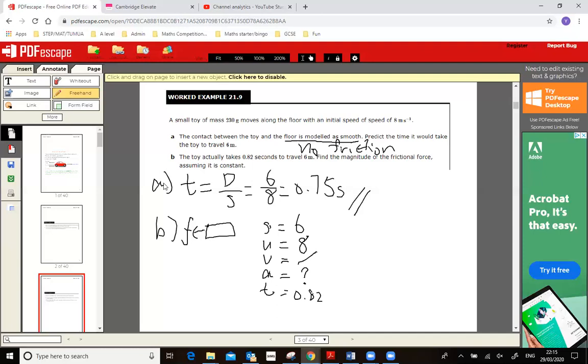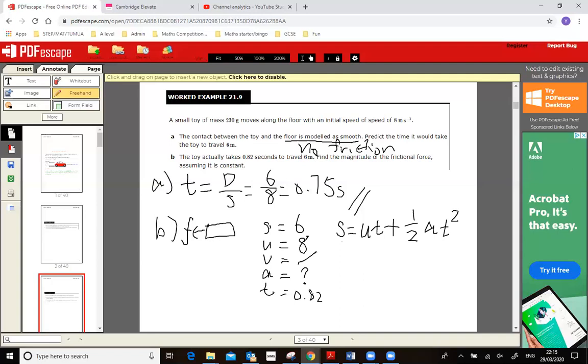So let's think, which SUVAT formula do we want to work out the acceleration, and it should not involve the velocity. So hopefully you have realized the SUVAT equation we need is s equals ut plus half at squared. So let's substitute in the numbers.